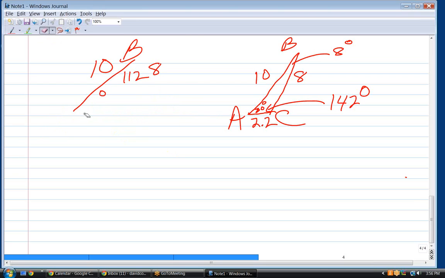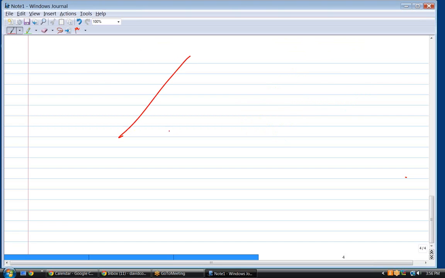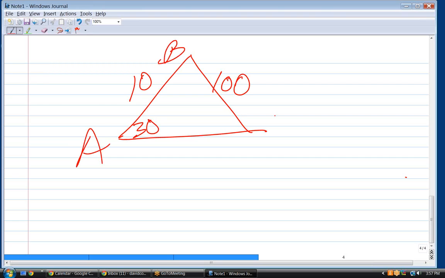I'm trying to think of other problems. I can't think of any other. Like I said, the only other difficult situation is where you have something like this. If I gave you those three conditions, and you went to solve this triangle, the first thing you're going to end up with is you're going to get the sine of C is some number greater than 1.